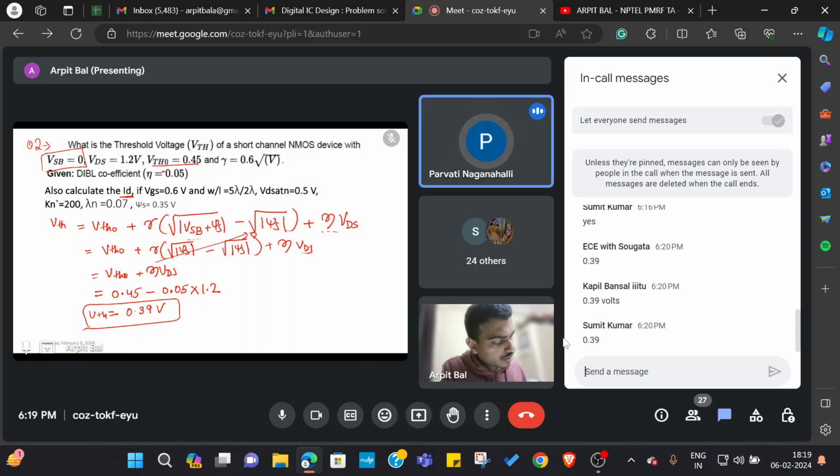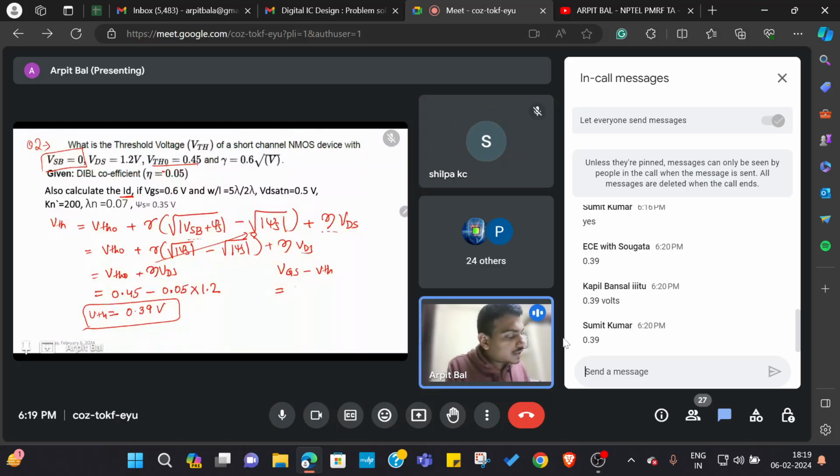VGS minus VT, yeah. So we will find VGS minus VTH. VGS is given to us as 0.6 volt and VTH we know as 0.39 volt, so we have 0.21 volt as VGS minus VTH.